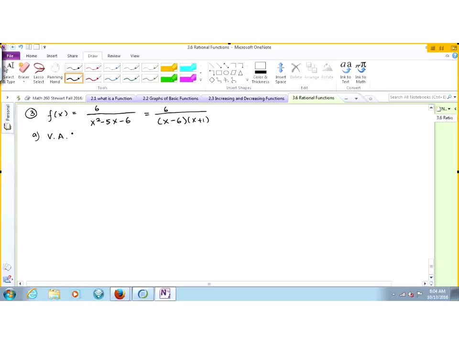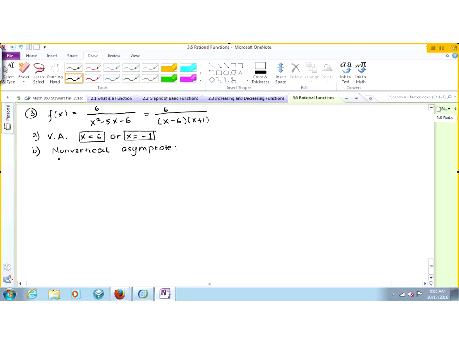So now vertical asymptote. What is the equation of the vertical asymptote? x is equal to 6 or, all right, so I am going to box this because I'm going to graph. Non-vertical asymptote. What is the equation of the non-vertical asymptote?